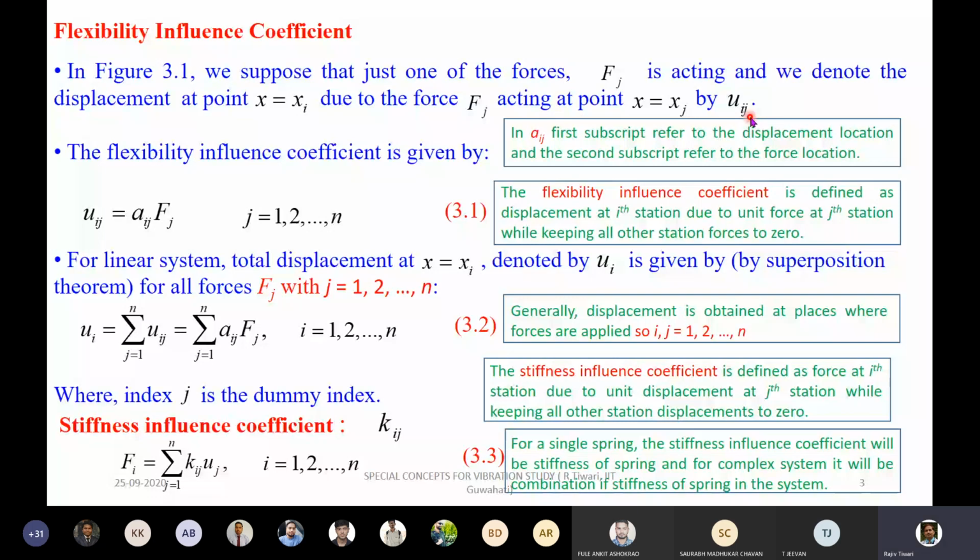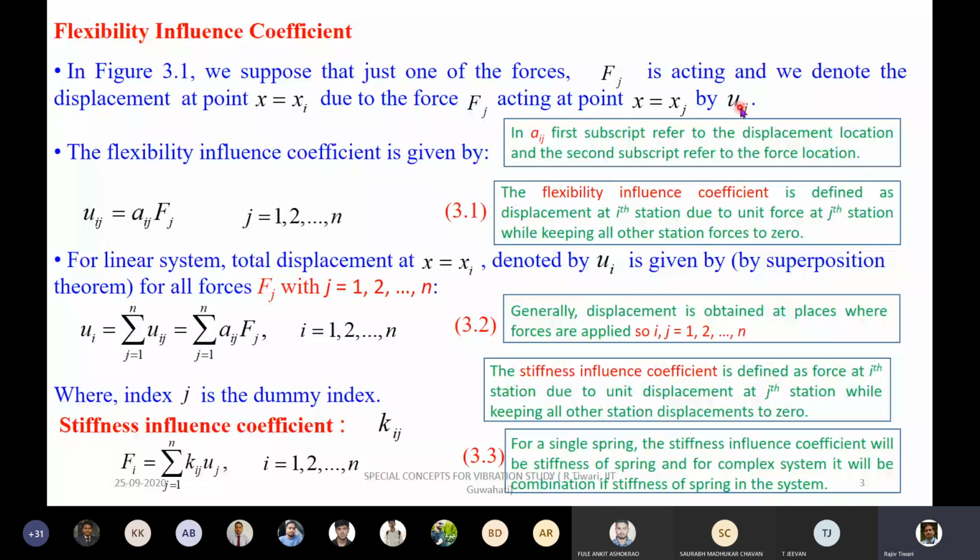Now, if we increase the force at the jth mass, proportionately we will have an increase in the displacement at the ith mass. If we double the force at the jth mass, we expect that the displacement will be doubled at the ith mass, because we are dealing with a linear system.